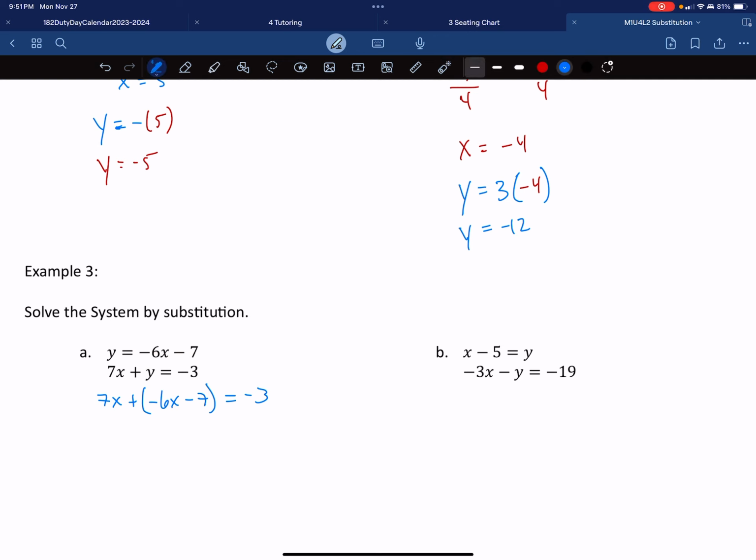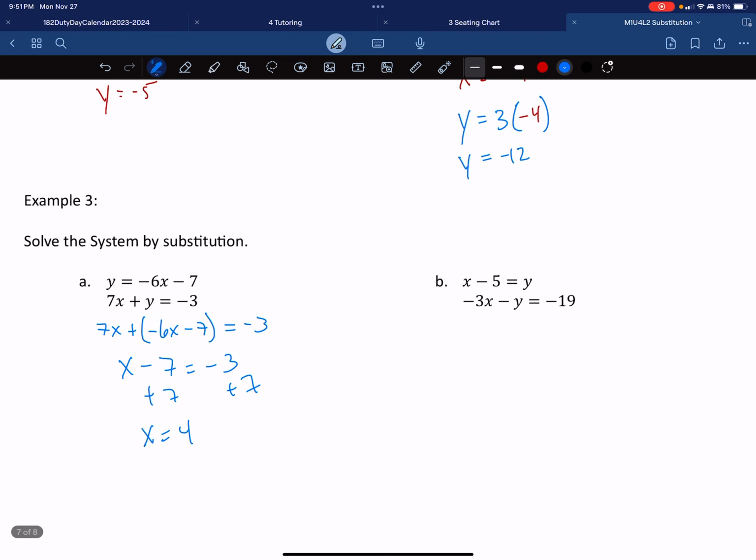We want to combine like terms. We have 7x minus 6x is just x, minus 7 equals negative 3. Get the x by itself, so we're going to add 7 to both sides. So we have x equals negative 4. The nice thing is now we're just trying to solve for our y. This is already solved for y on the top equation, so I'm just going to plug that in.